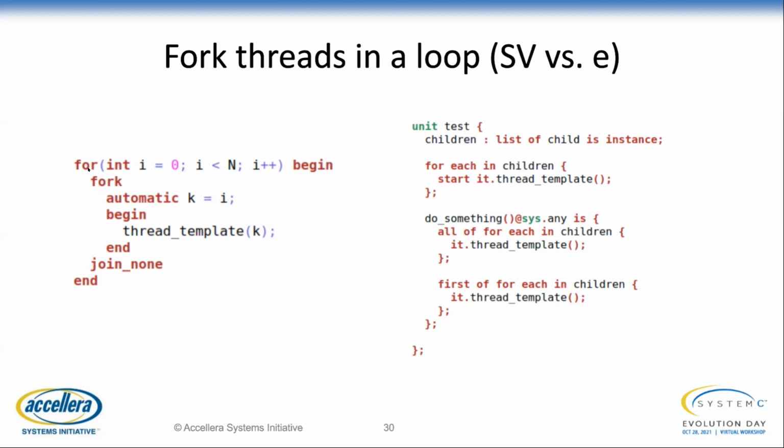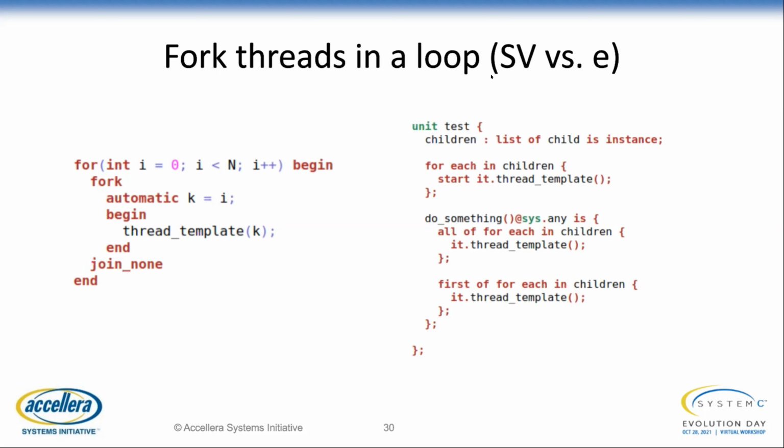And in SystemVerilog, there is only an obvious solution for join none. So you want to spawn n threads, but only with join none. If you want to do a join or a join any, or a join first in SystemVerilog, there's not an obvious solution. I'm sure it's not impossible, but you're probably going to need to use some events there and do some waits on those events after you spawn the threads.